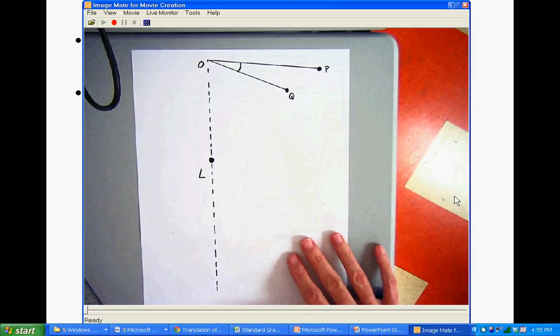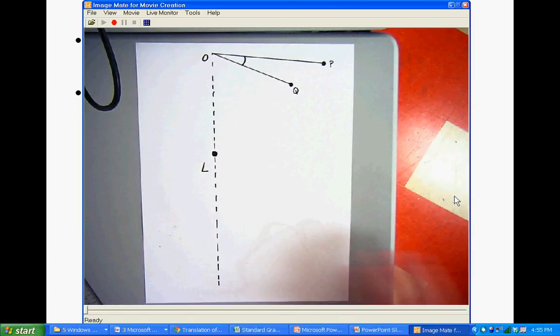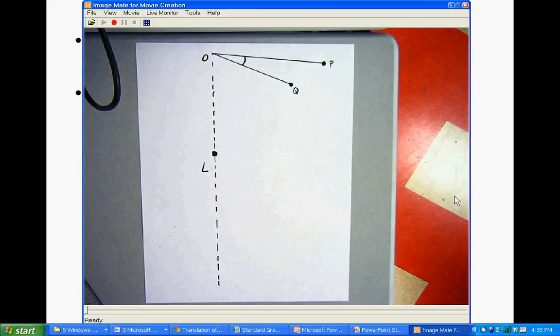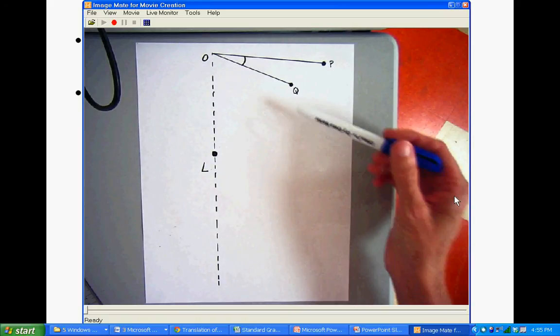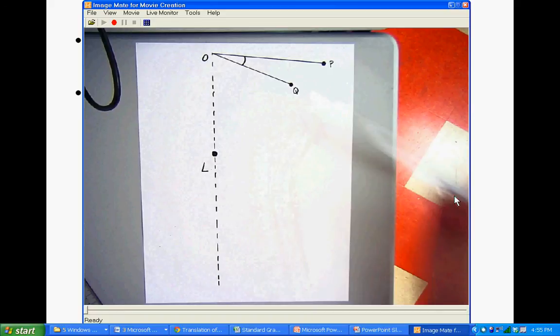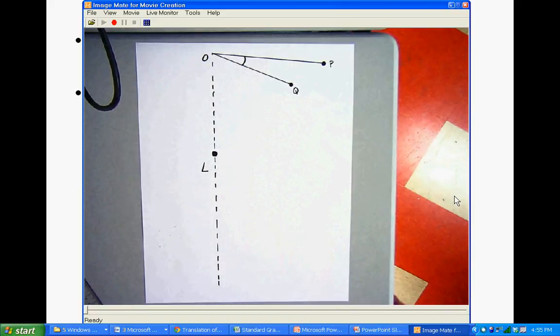So you can pick your own vector, whichever direction you want to move it to. You can move it in two different directions as long as you identify what direction you're going in. But you can take the angle QOP, or POQ, however you want to say that, and show how you can translate it in any direction using a vector length. All right, so bring these notes in and don't forget your plastic, and we will do some exercises in class.